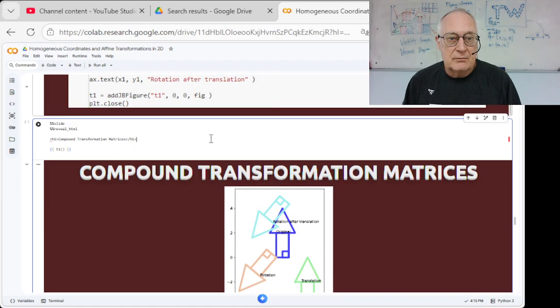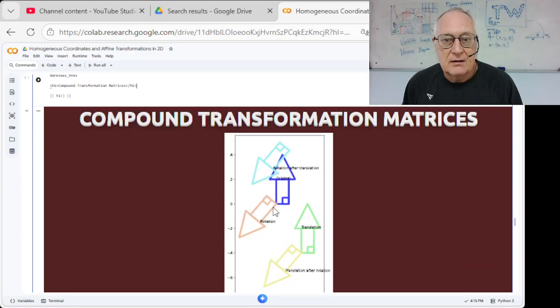So here are some compound transformations with our original, and then rotation around the origin, which gives us the brown line, and translation, which gives us the green line. And then I calculate the compound matrices. First one is the translation, and then the rotation around the origin.